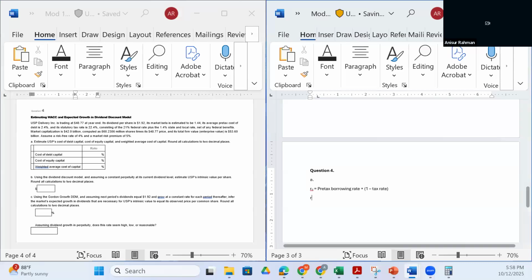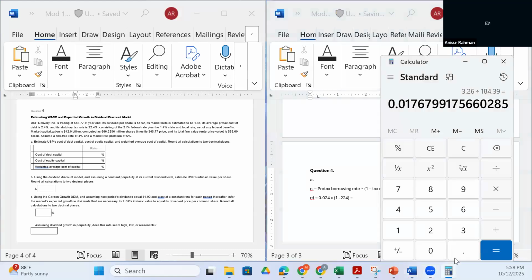So our pre-tax borrowing rate, how much is it? Let's see. The average pre-tax cost of debt is 2.4%, times 1 minus the tax rate, which is 22.4%. That includes everything.